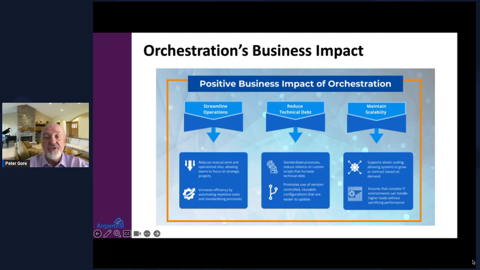Again, we can talk about version control and the ability to deploy in a consistent fashion. And then driving scalability. Because you can do these things, you're able to now scale and operate at the speed of code. You're able to drive your environment to much greater heights in a much faster way.